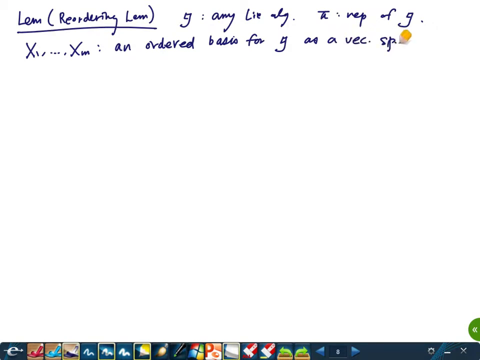A Lie algebra is a vector space, so we have a basis. Ordered basis means basis, but we just give them some order. The first element in our basis is this, the second one is this, etc. Because the order will be important.